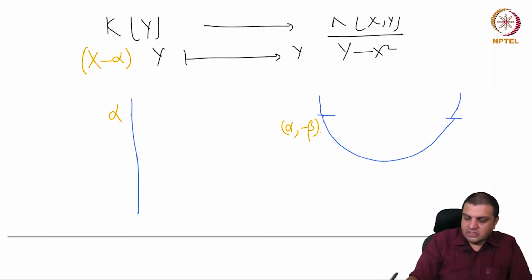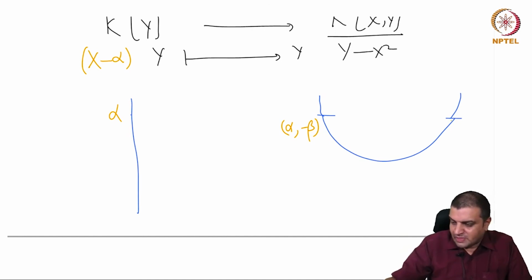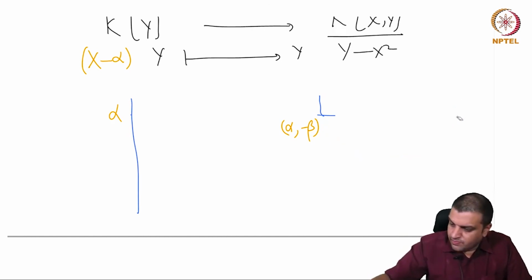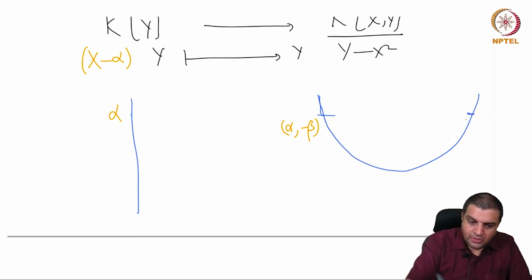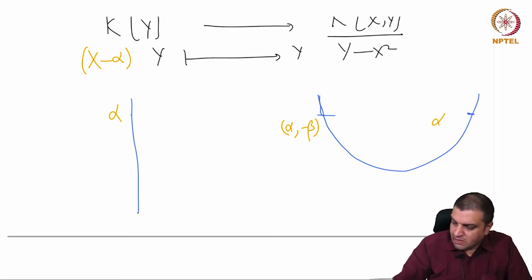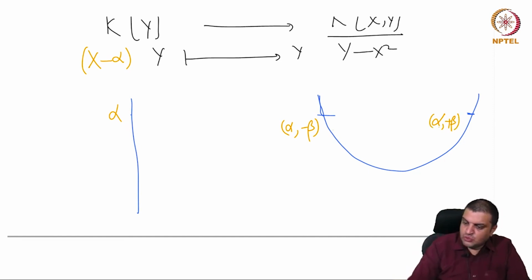All of this picture is only approximate because we are drawing the picture in R, while all of this is happening in some algebraically closed field. Here would be the point alpha plus beta. So we have these 2 points which are in the fiber of this map.